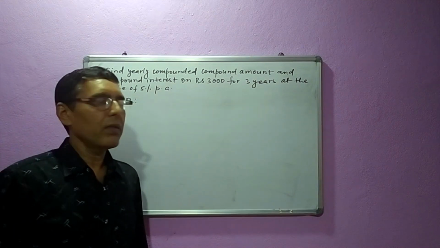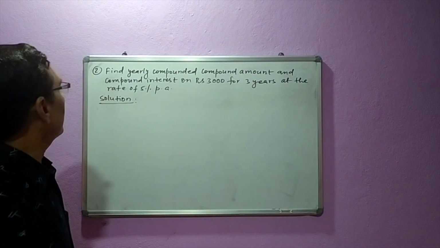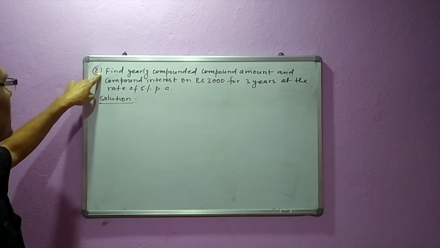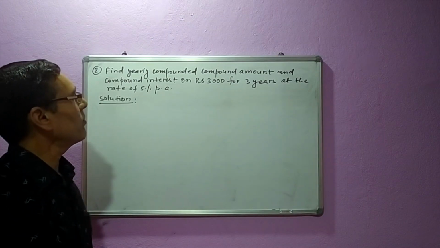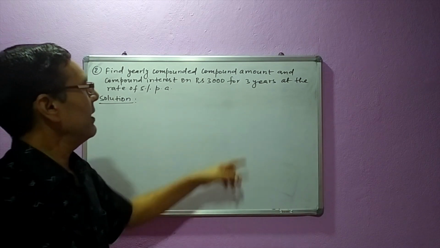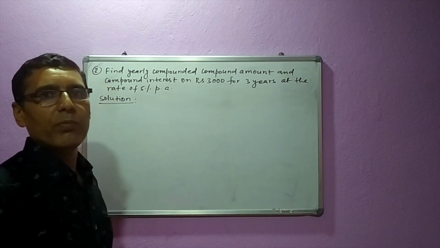This is another question on compound interest. Question number 2. The question is find yearly compounded compound amount and compound interest on rupees 3,000 for 3 years at the rate of 5% per annum.